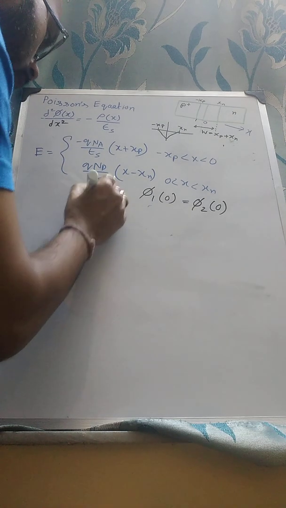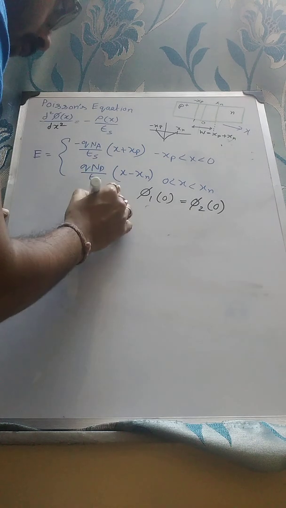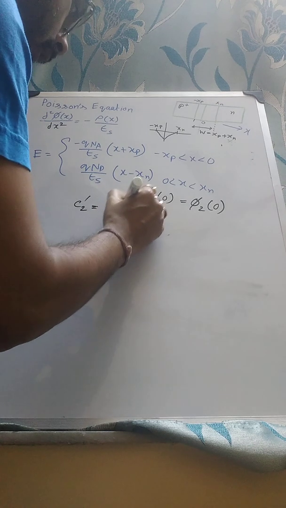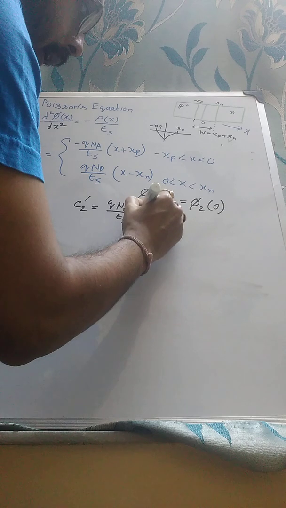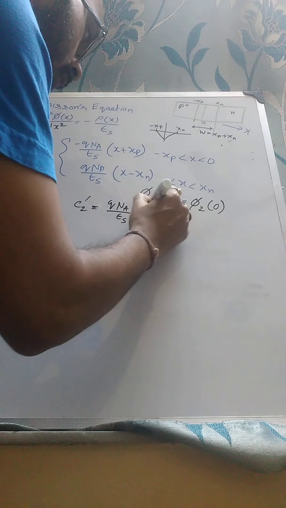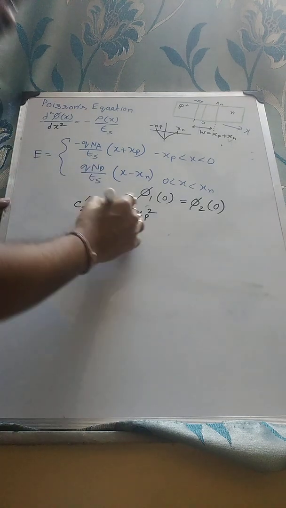Finally, what you would have is C2 dashed is equal to q times Na by twice epsilon s times xp square, right? Oh, also there is a twice, right? So this is the value of C2 dashed.